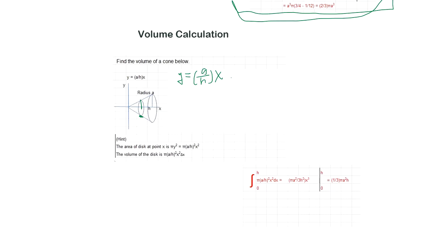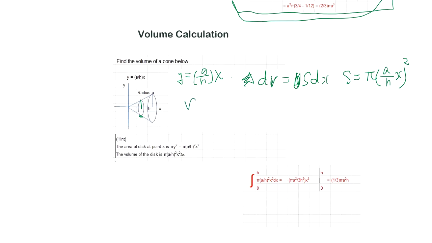So delta v equals y s dx, and what is s? It is pi a h x square, right?